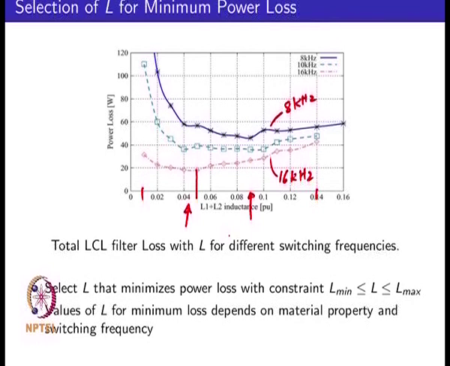The other thing to observe is that at the low value of switching frequency, the losses in your filter inductor are about 50 watts, whereas at the high value of switching frequency, your losses in your filter are lower, slightly lower than 20 watts.